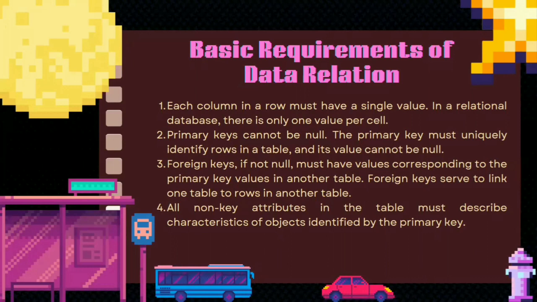Foreign keys, if not null, must have a value corresponding to the primary key value in another table. Foreign keys serve to link one table to a row in another table. Last one, all non-key attributes in the table must describe characteristics of the object identified by the primary key.